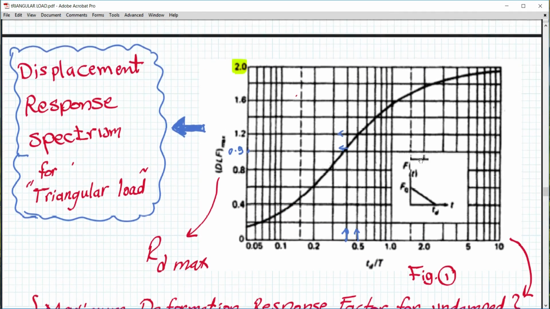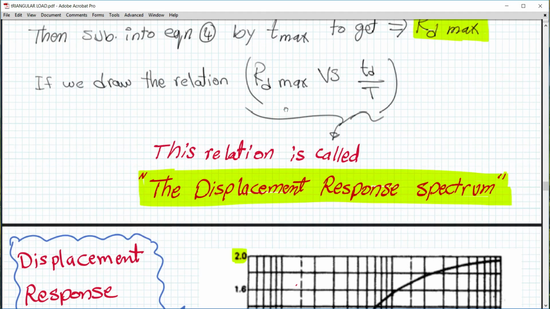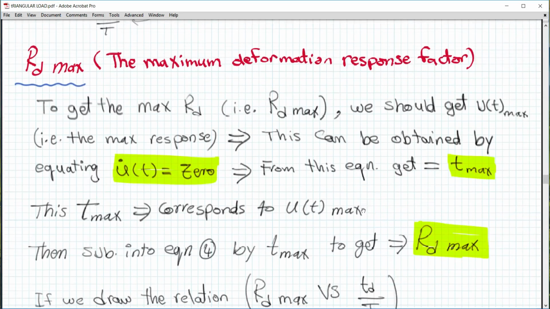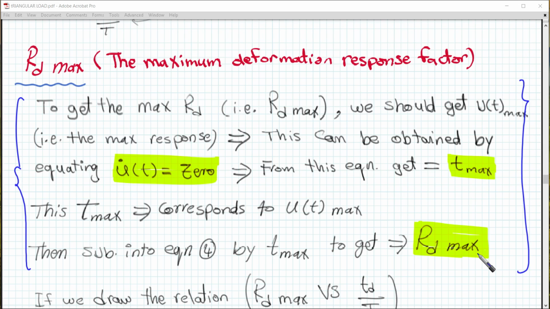Why do we need rd maximum versus td over t? Because making the first derivative, equating it with 0, getting t maximum and then substituting again in rd to get rd maximum is going to take time for us.